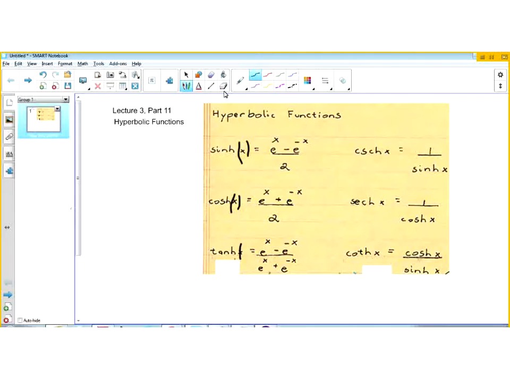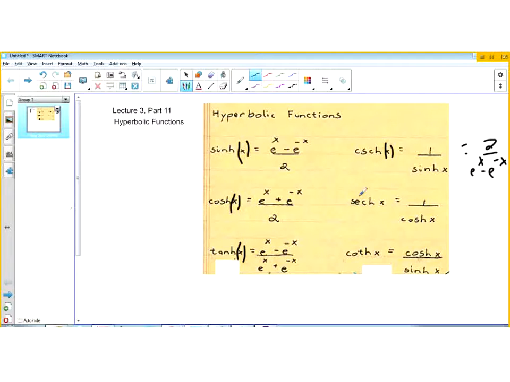And then we have the hyperbolic tangent of x, often pronounced tanh of x. This is, of course, sinh x over cosh x, which is e to the x minus e to the minus x over e to the x plus e to the minus x. And then the other 3: the hyperbolic cosecant of x, csch of x, is 1 over sinh of x, which is equal to 2 divided by e to the x minus e to the minus x.